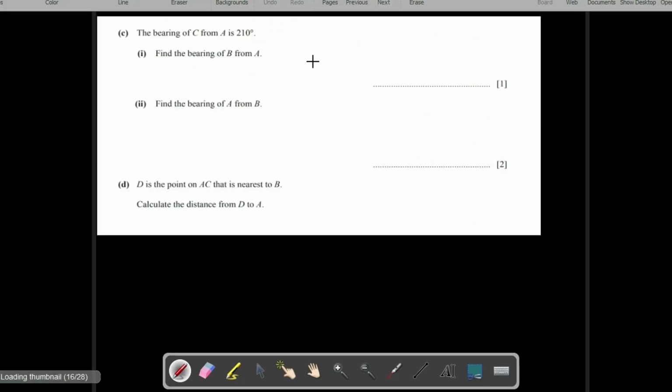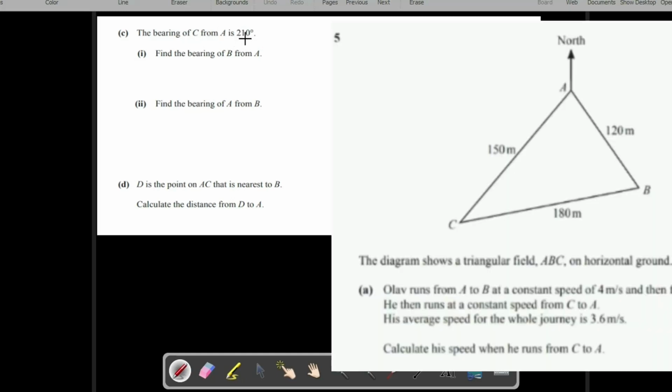Okay. Now the bearing of C from A is 210. Let me redraw for you. This was our question, right?